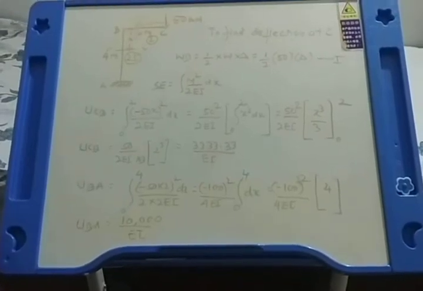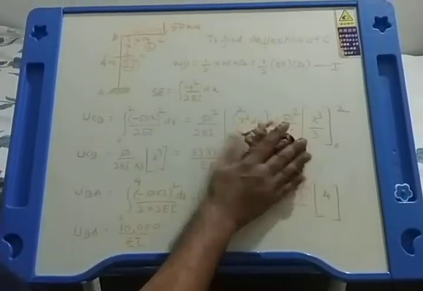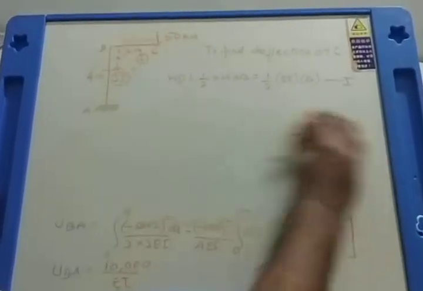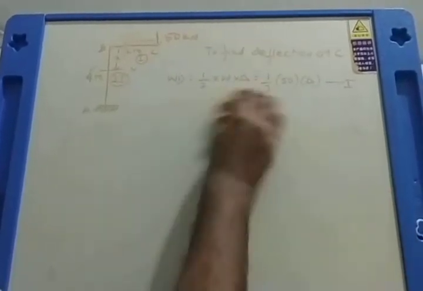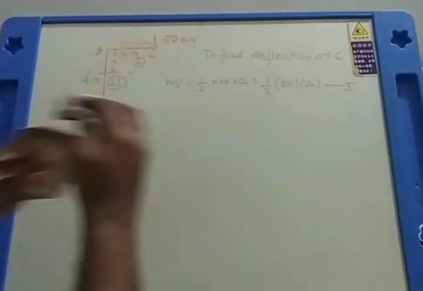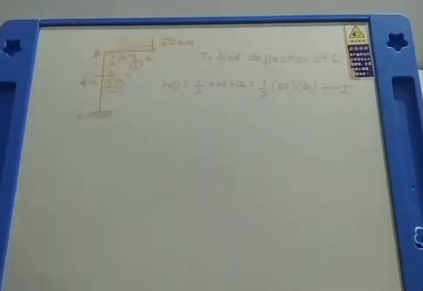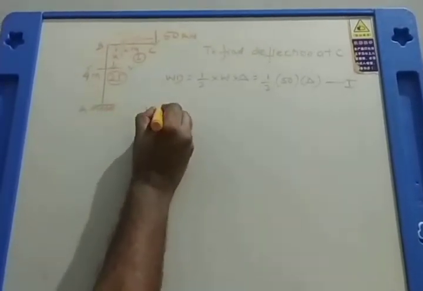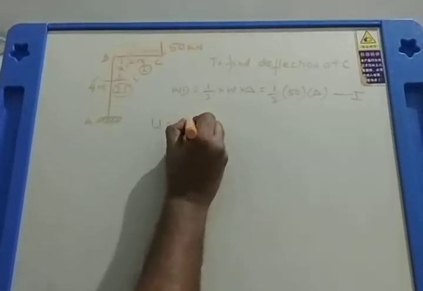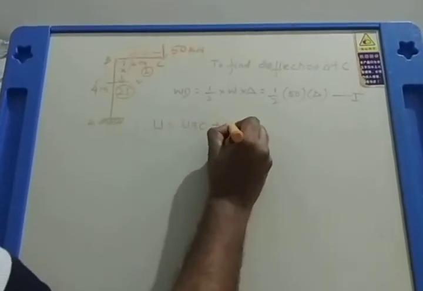Now we have found out UBC, UBA. We have to add both now to get final U. So U, that is the total strain energy, will be equal to UBC plus UBA.